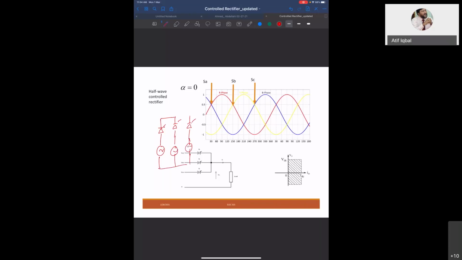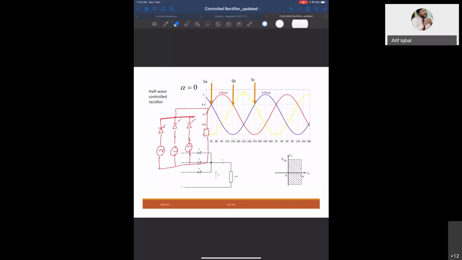Their cathode is common, and the load is supplied like this. So this is the half wave controlled rectifier.